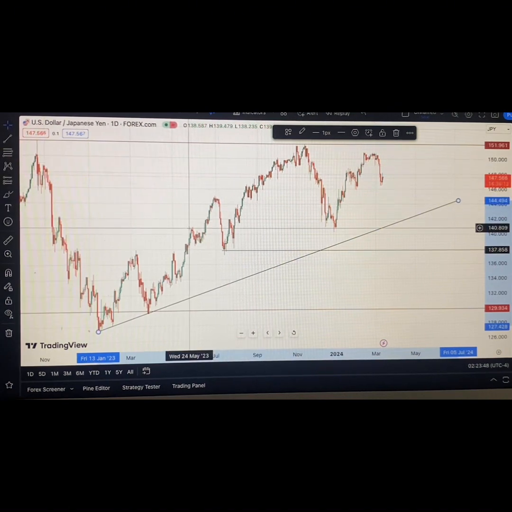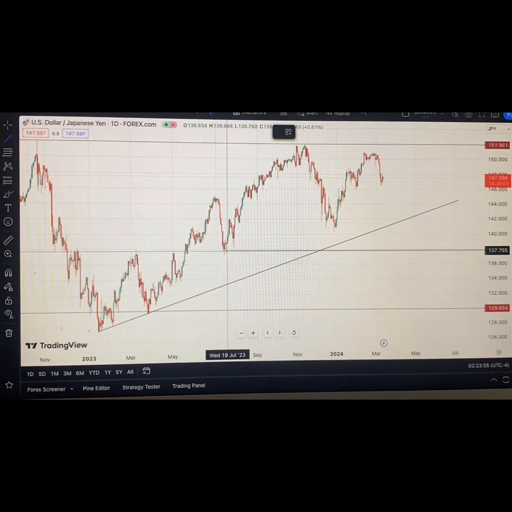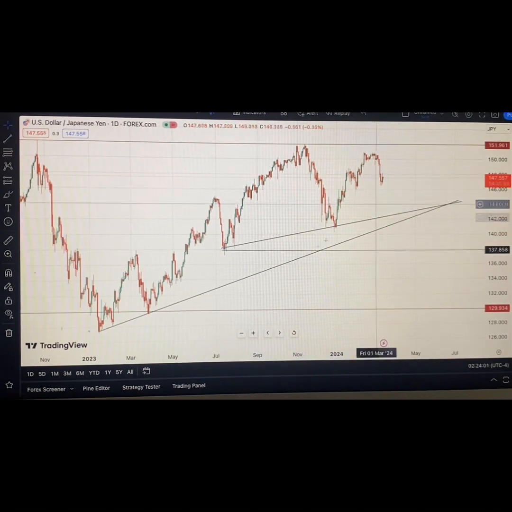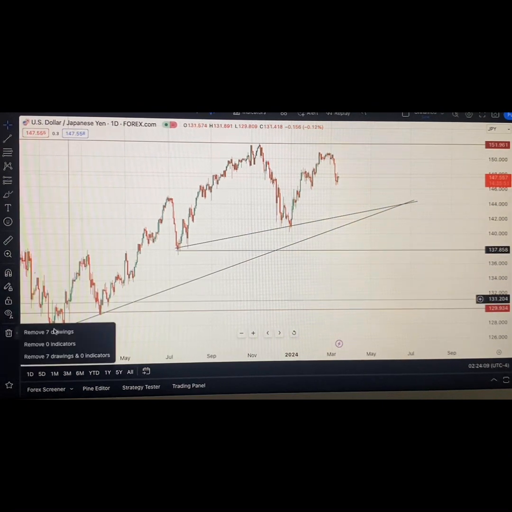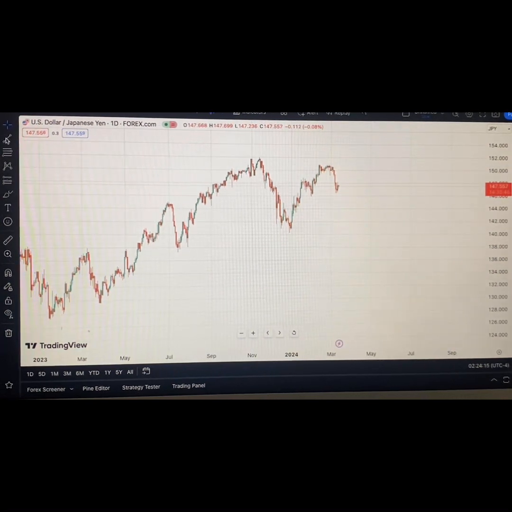That's how we draw for the upward movement. Then you can also see another trend line here. This is another line. Okay, so there are so many ways you could draw your trend line. People draw trend lines and they let the lines collide with the market. This is wrong.